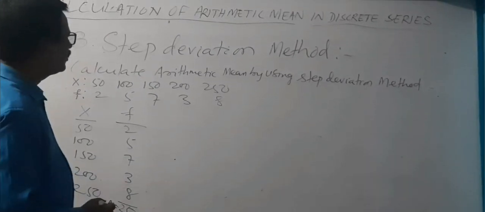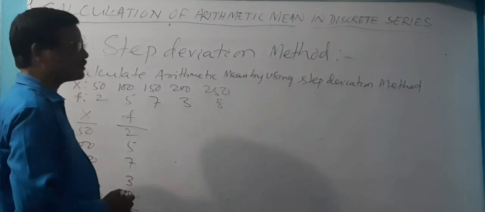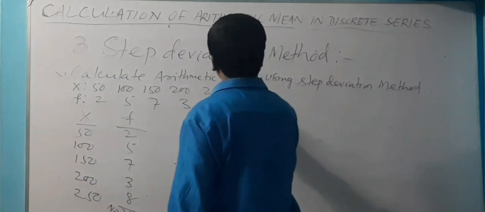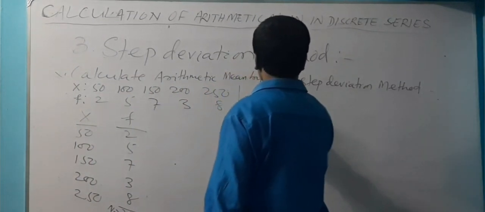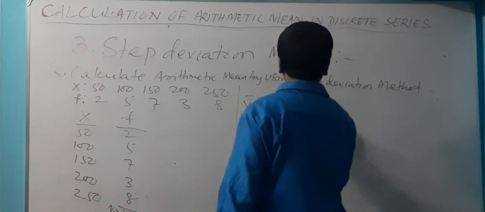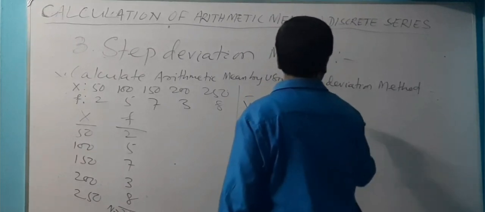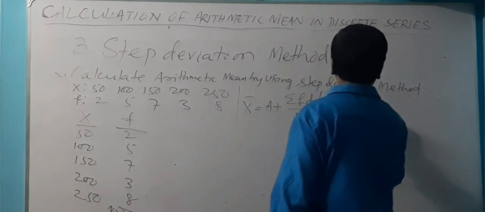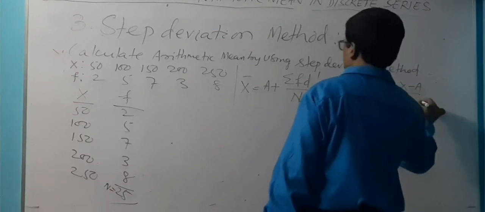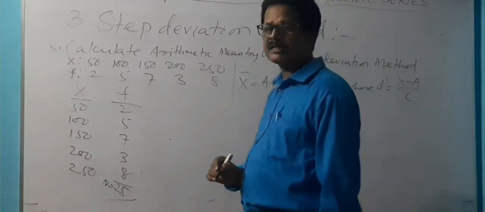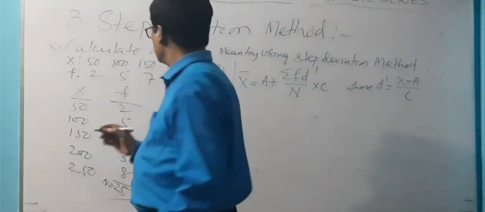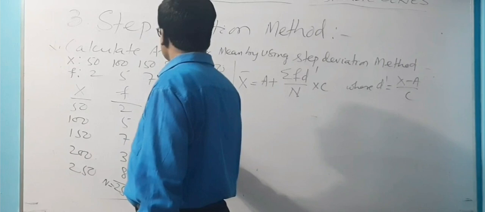Now, what to find? I have told you x bar in this case is a plus summation f d dash by n into c. D dash is equal to x minus a divided by c. Now we have to find at first the value of d, then d dash. So again we have to take another column, that is d.